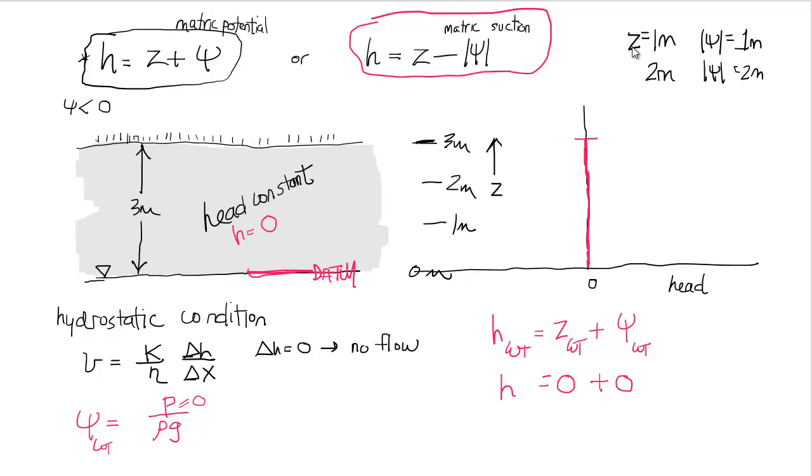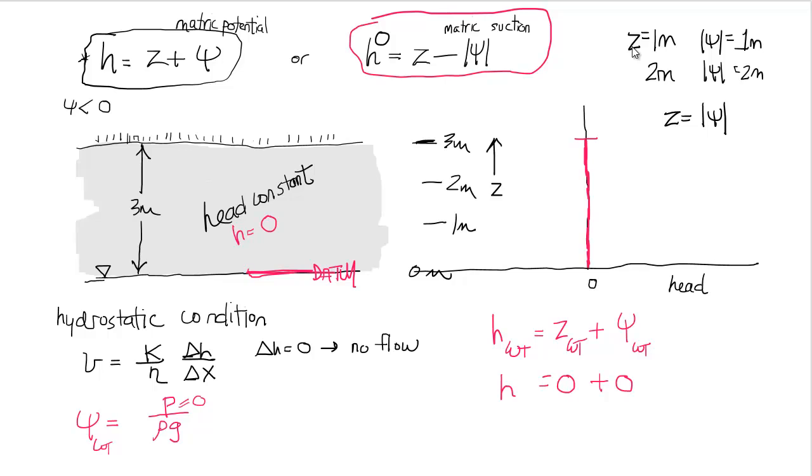So in other words, when we have hydrostatic conditions and H is equal to 0 here, we have the special condition that Z is equal to the matrix suction. So now let's think about what we want to know. What we want to know originally was the moisture content in this soil zone.